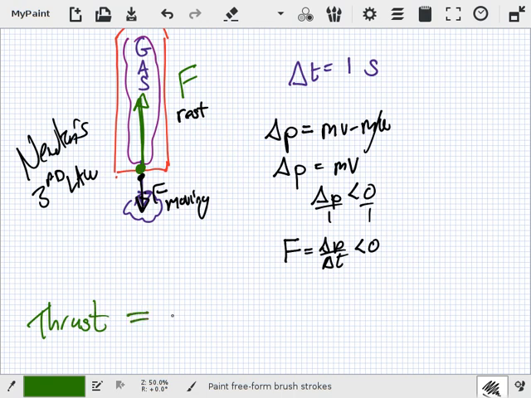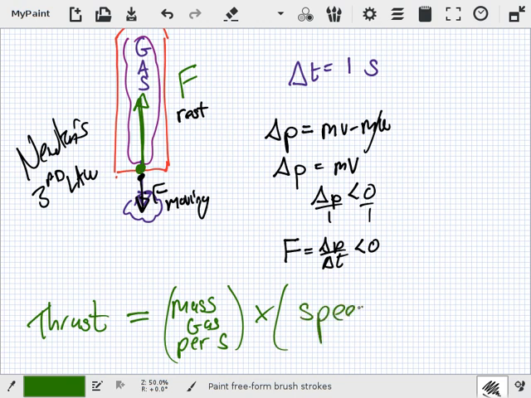It's simply the mass of the gas per second multiplied by the gas's speed. Because delta P equals mv, this is like the v and this is like the m.